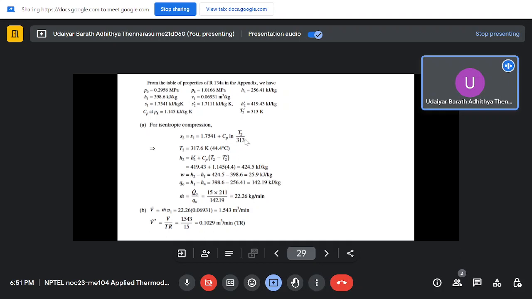Here T2 is the compressor exit temperature. From this we can find that the temperature at the exit of the compressor is 44.4 degrees Celsius, 317.6 Kelvin, which we saw in the chart lies between 40 and 50.